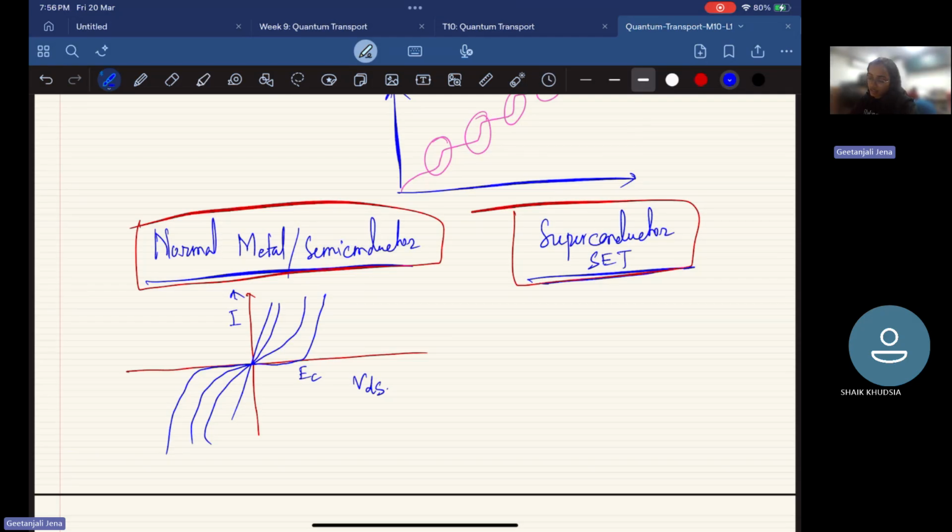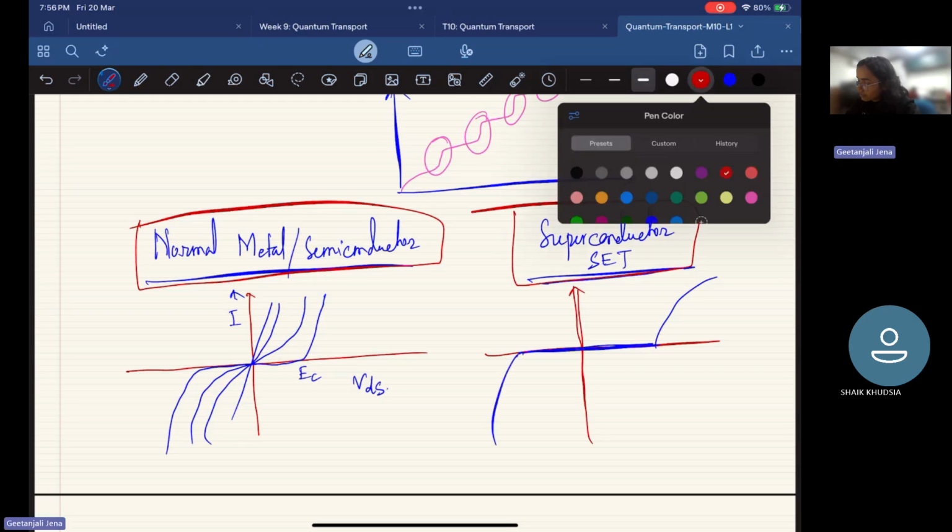For a superconductor single electron transistor, because of the superconducting gap, we'll see that the current is zero up to the superconducting band gap. After that, the current is non-zero.